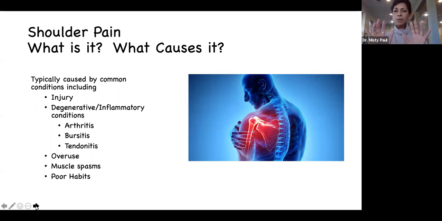So problems in your hands, fingers, shoulders may be due to a lower neck injury as well. So again, we talk about shoulder pain not just being from an injury, but from poor posture.